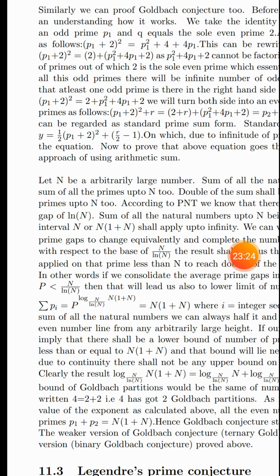So immediately it follows from the strong version to the weak version also, that an even number can be written as a sum of 2 primes, and an odd number can be written as a sum of 3 primes.